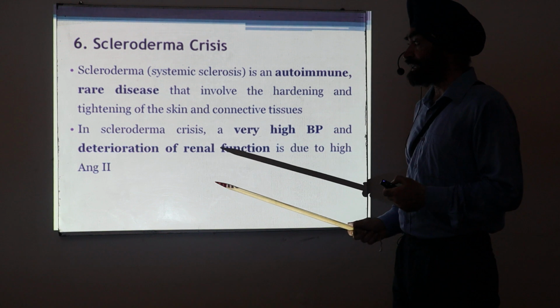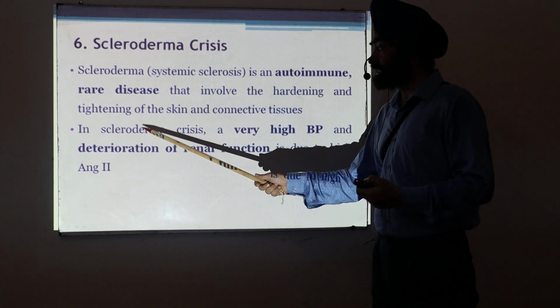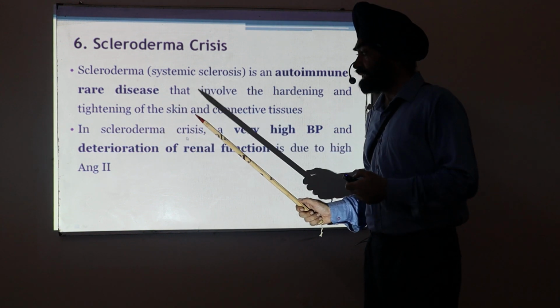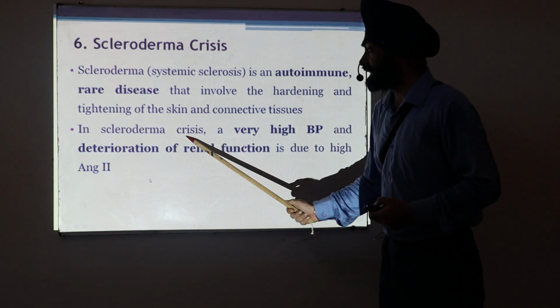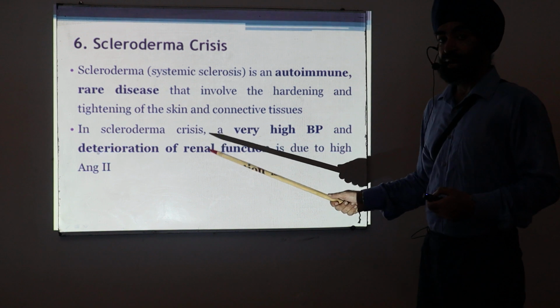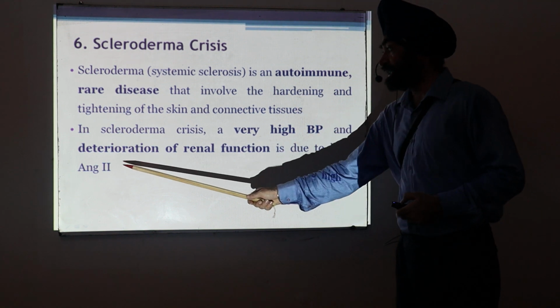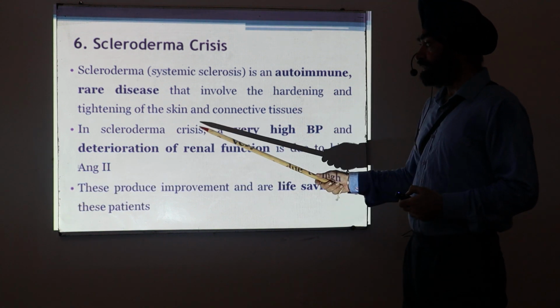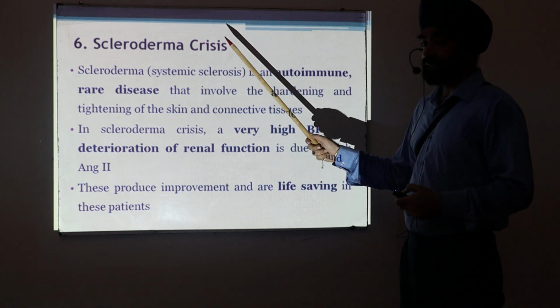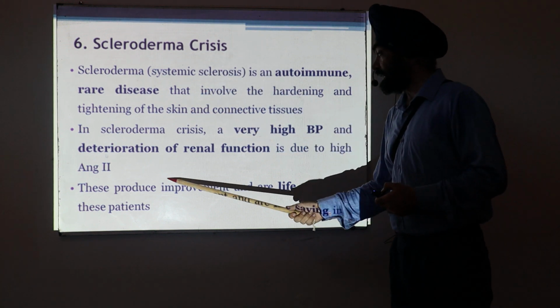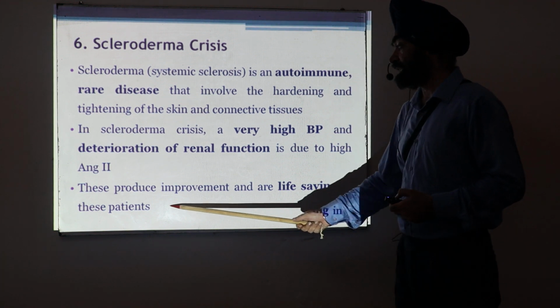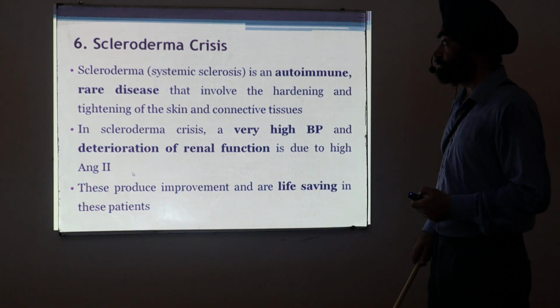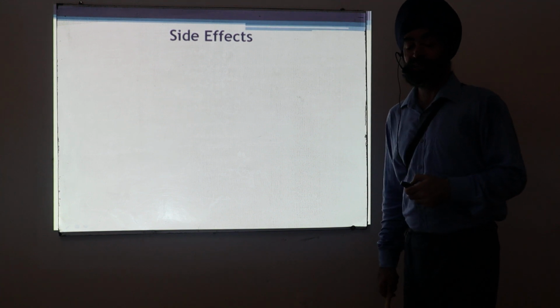As a result, sometimes it becomes a serious condition, a crisis. In that condition, there is very high blood pressure and renal functioning is deteriorated, because of very high angiotensin II. So if you give these drugs, they can produce improvement, and they can be life-saving in these kinds of patients.